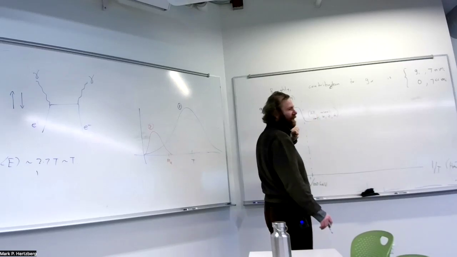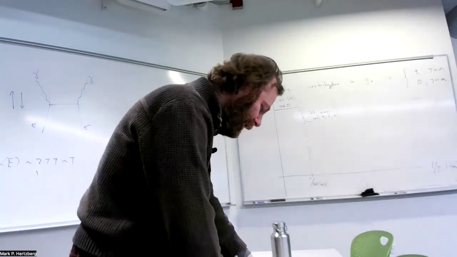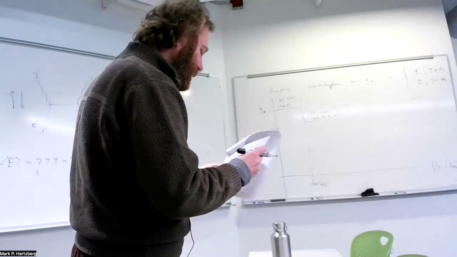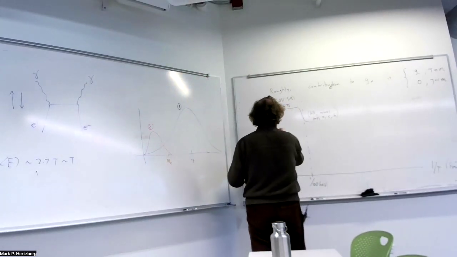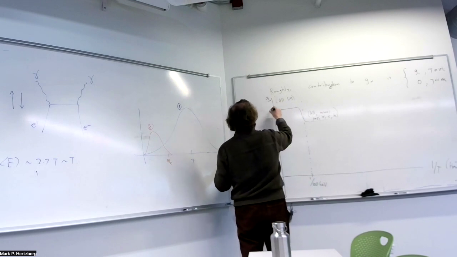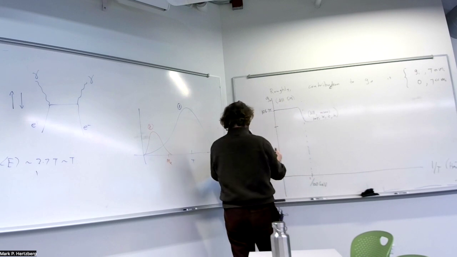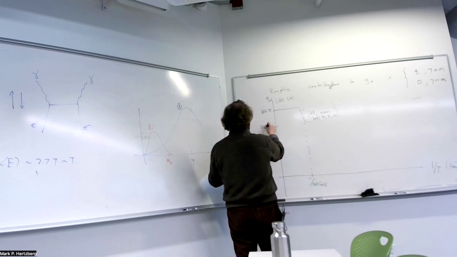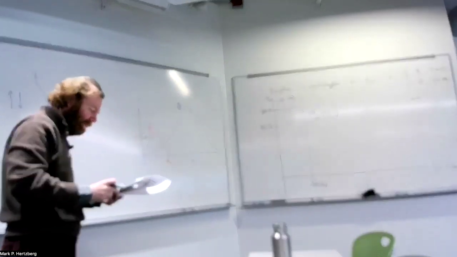These ones are all exponentially suppressed. Okay, if you just subtract out the 3s from the W's and the Z's and whatever from the top, you can check that this number is 86.75. Okay, that's if you remove those particles from the sum.